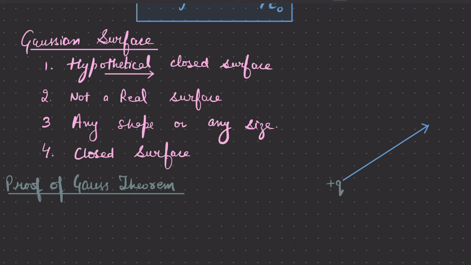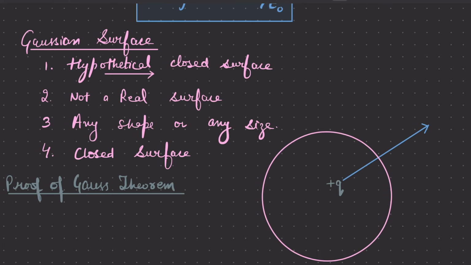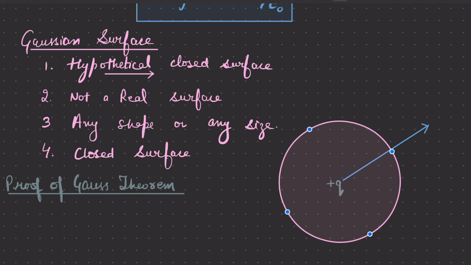So let us say the electric field is acting in the outward direction over here, and we are considering a Gaussian surface. Let us say this is our Gaussian surface, and I have considered over here a Gaussian surface to be a spherical one. So this is my Gaussian surface.